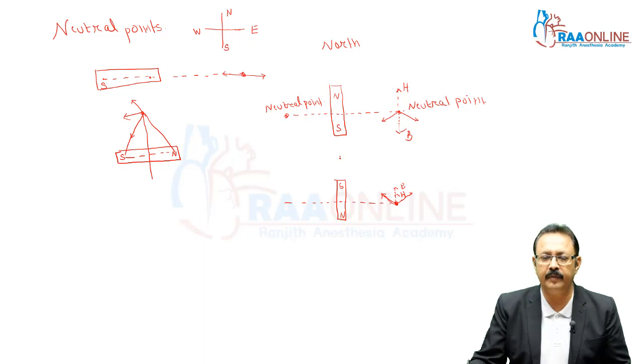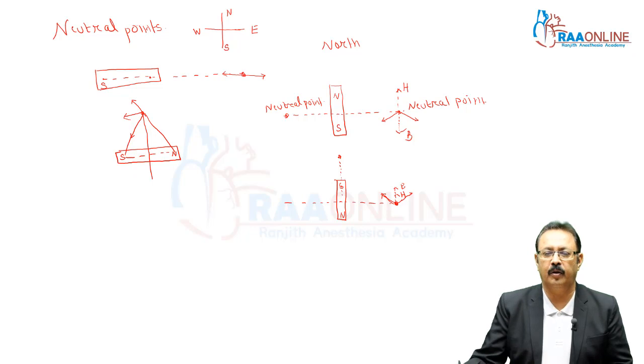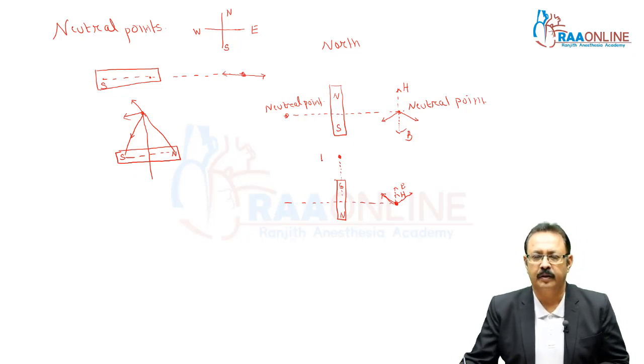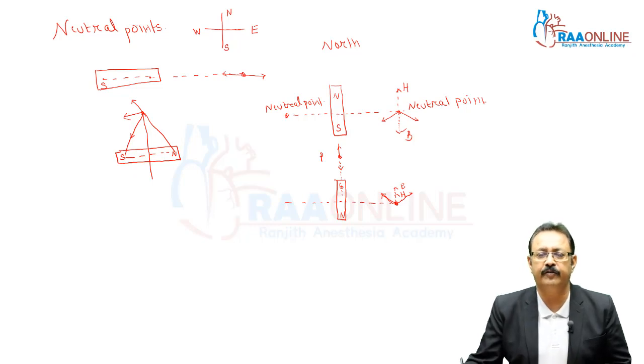So I will not get any neutral point. But if I think about the axis of the magnet, assuming a point here, what will happen at this point now? The south pole will attract and the north pole will repel, but the south pole is nearer, so the resultant force will be in the direction of the south pole.